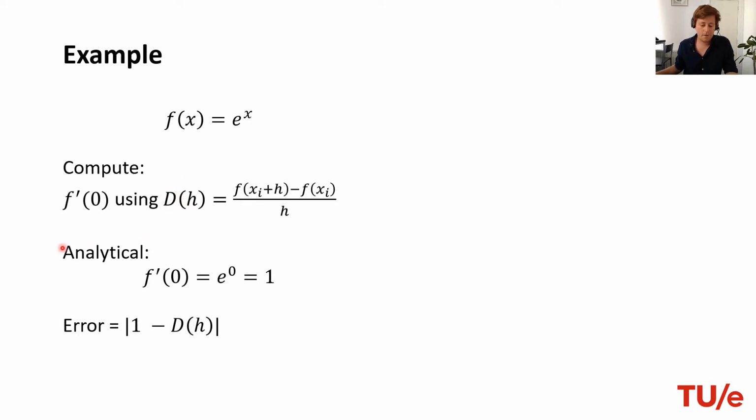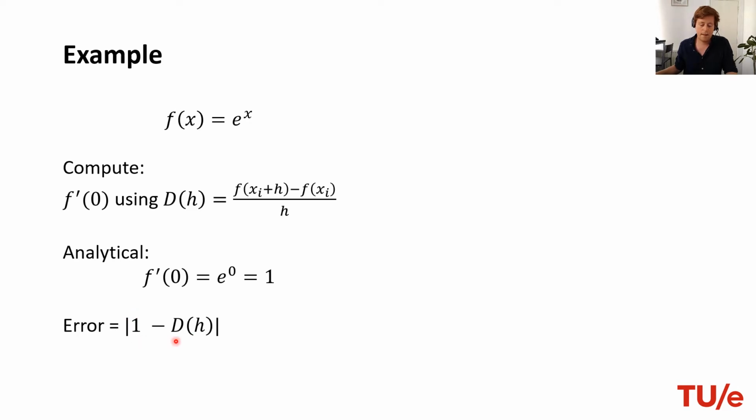The analytical solution, well, we can easily compute that. The derivative of an exponential function is simply the same exponential function, and plugging in x equals 0 gives us e to the power 0, which is 1.